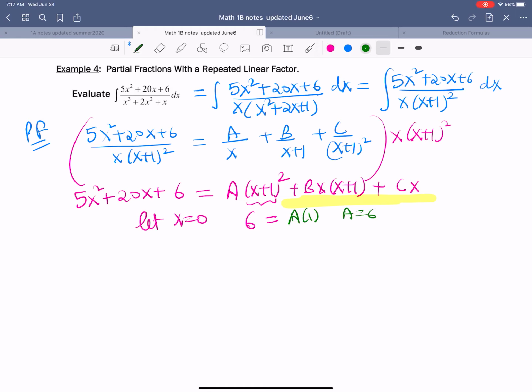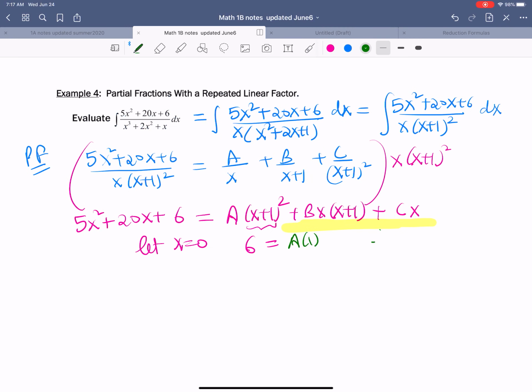Sorry, yes, it is a times 1. So a comes out to be 6, positive 6. That is not a negative sign.